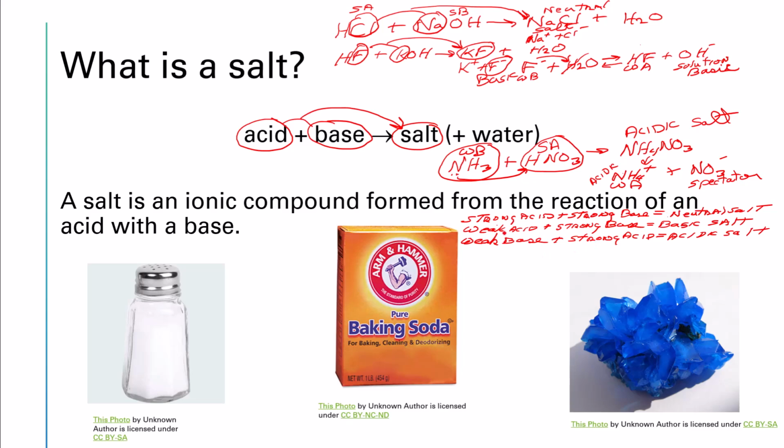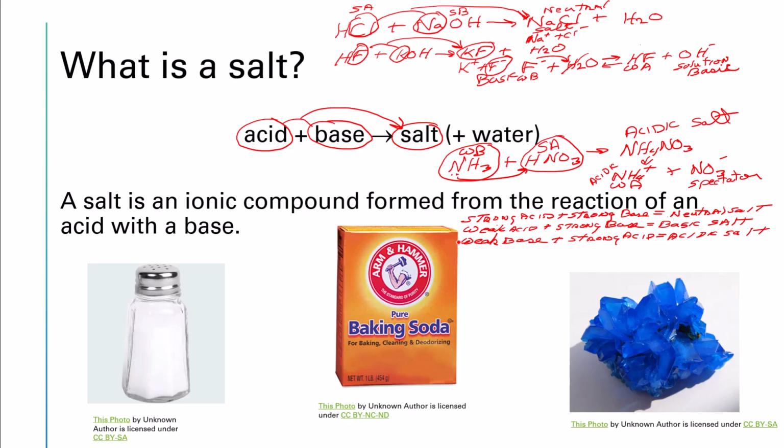So let's go ahead and summarize. If you react a strong acid with a strong base, you get a neutral salt. Strong acid, strong base, neutral salt. All you have to do is look at the cation and the anion of your salt. Does the cation come from a strong base? Does the anion come from a strong acid? If that's the case, the salt is neutral.